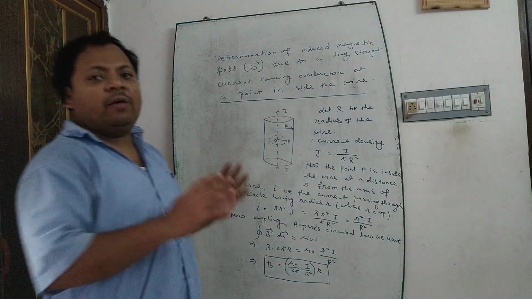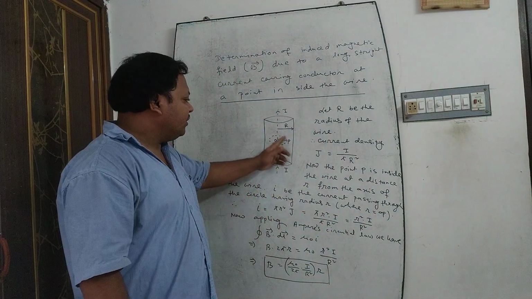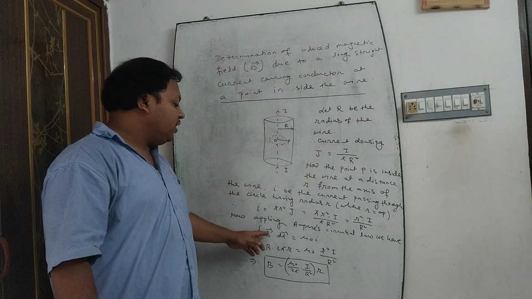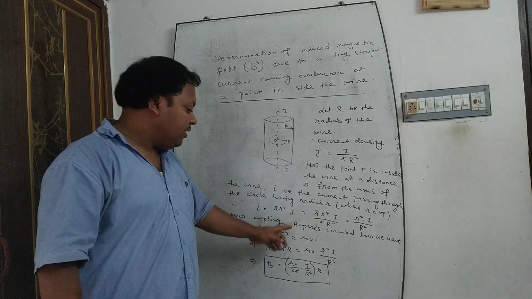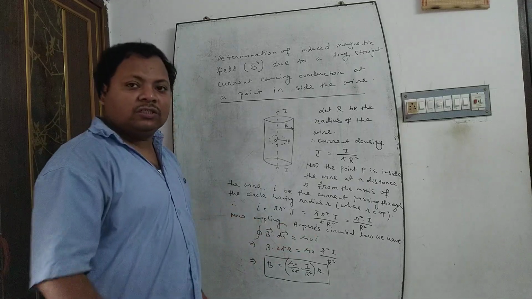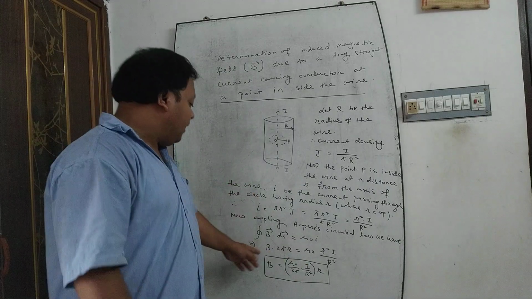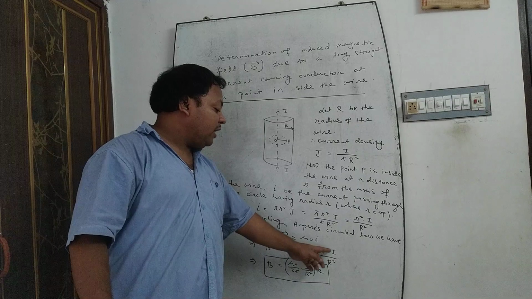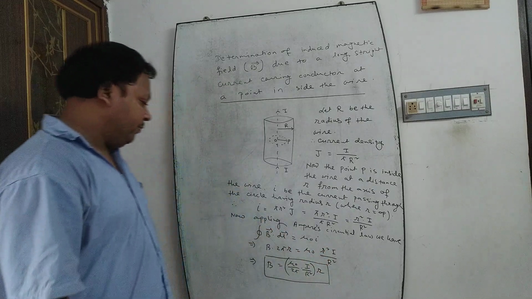Now, applying Ampere's circuital law to this circular loop, we have the closed integral of B dot dl is equal to mu0 into i. Similarly, we get B into 2 pi small r is equal to mu0 small r square capital I by capital R square.